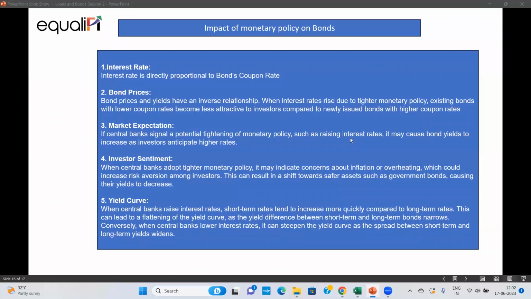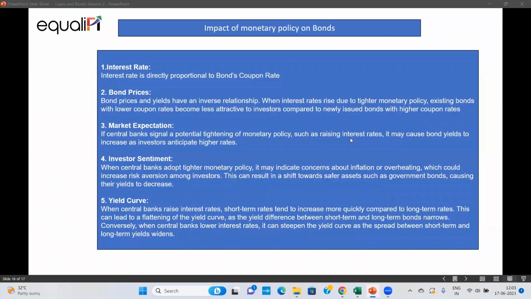Yeah. See, generally what happens is the short-term rates are directly related to the repo rates. So as the central bank tends to increase or decrease the repo rates, the short-term rates actually tend to go up or come down in the same pace as the central bank tends to take the actions.